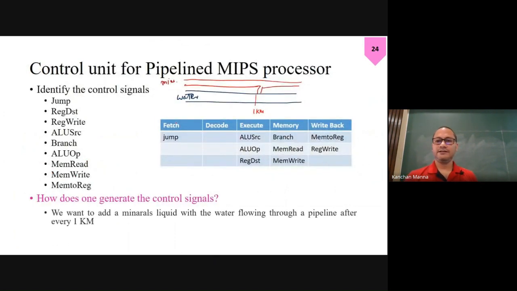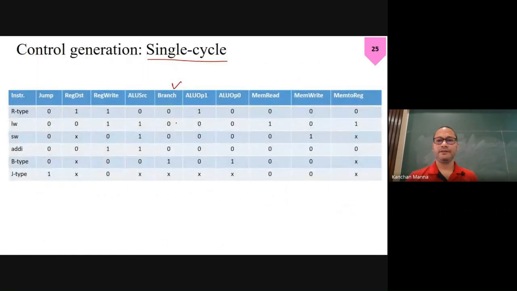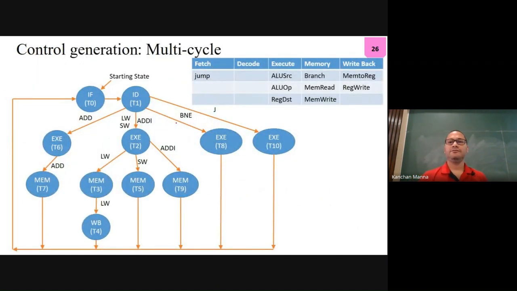So we can generate the control signals. For the fetch stage, if it is a jump instruction, then jump, otherwise no. For decode, there is nothing. For execute, we have this set of signals. For memory, we have this set of signals.